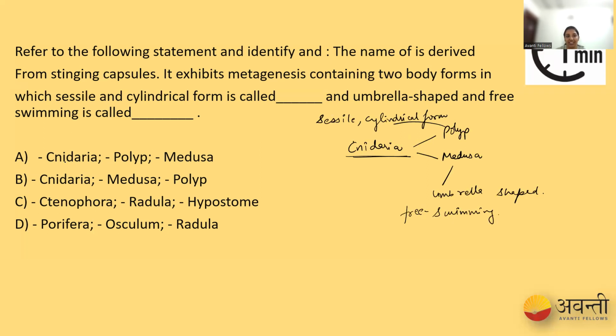So the correct option is Cnidaria, polyp and medusa. This is a direct question from NCERT. So the correct option is option number A.